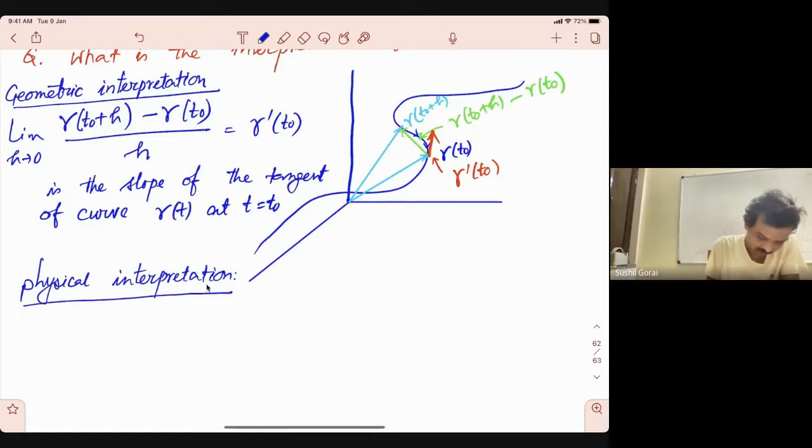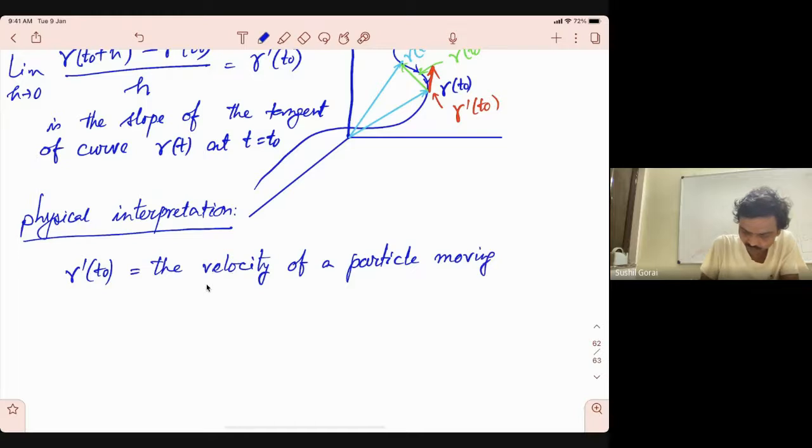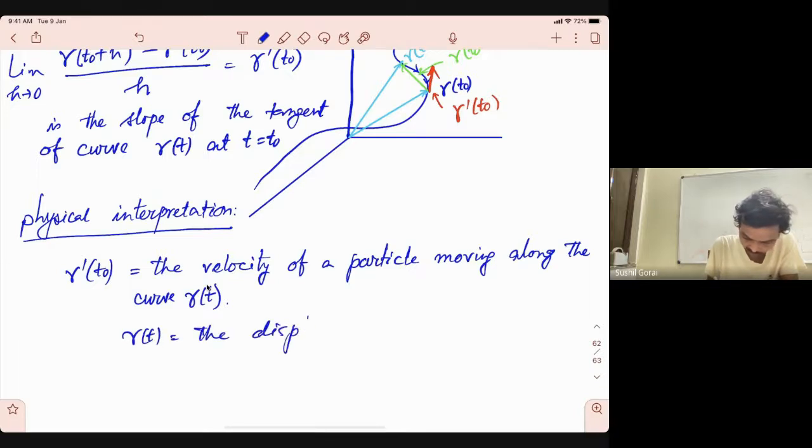So gamma prime t naught is the velocity, which you already know, of a particle moving along the curve gamma t, where gamma t is the displacement at time t.